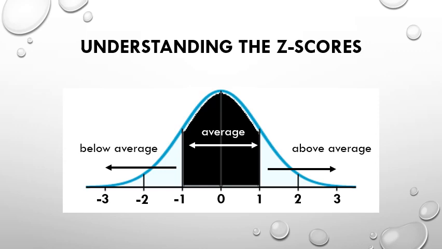Kung ikaw nabilong diha dapit sa shaded area, so meaning ang imong height average ang imong height. Pero kung ang imong height naa dapit sa right side aning shaded region, ipasabot nga taas ka sa average. Ang imong height is taas sa average height.